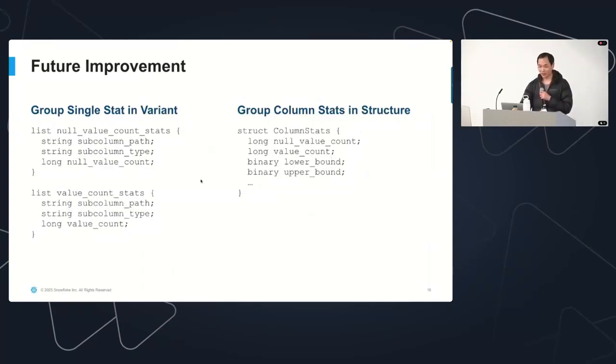Here is some thinking on how we're going to store stats. One, probably similar to what we are going to do in V3, we can store them in a variant. Or since it's an incompatible change, maybe we can do a big change, which will group all the column stats in one structure, with column ID to column stats. But I think we need more discussion on that.